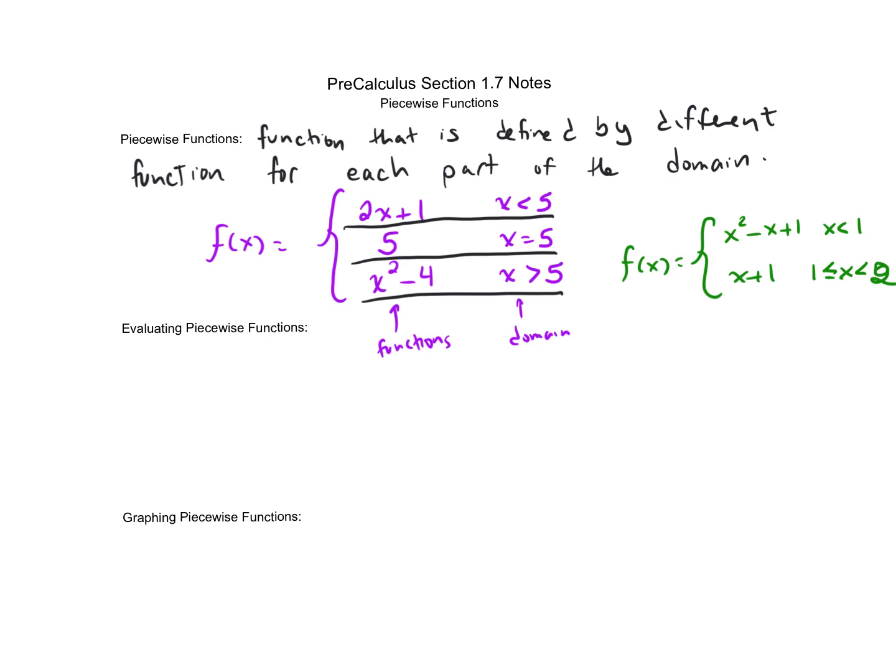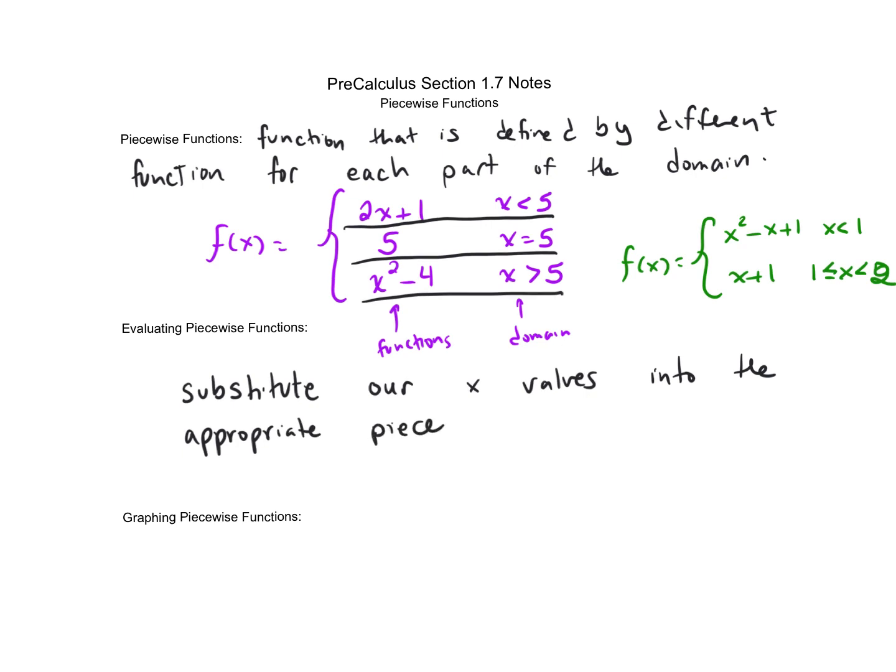So the way we evaluate a piecewise function, we're going to substitute our x values into the appropriate piece. For example, let's take this example up here and figure out f of negative 1.